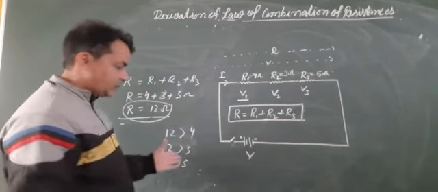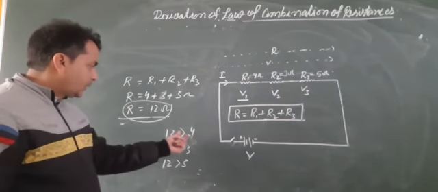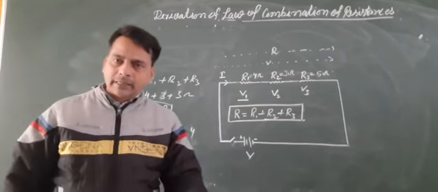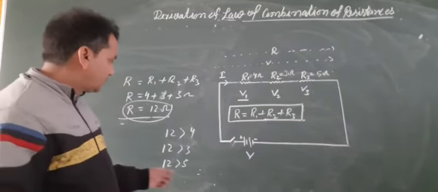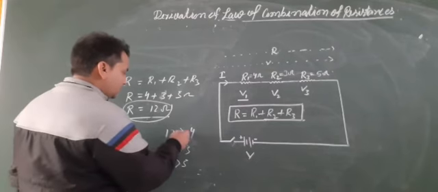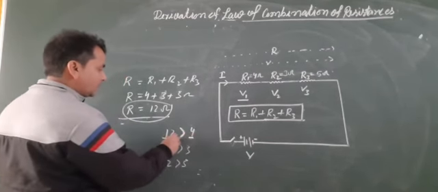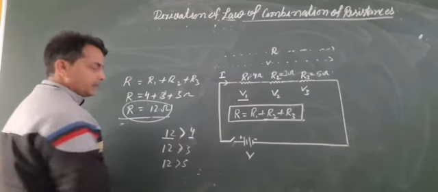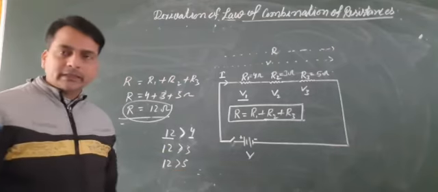So all the individual resistors are less than the equivalent or net resistance: the first resistor, 4, is less than 12, the second, 3, is less than 12, and the third, 5, is less than 12.